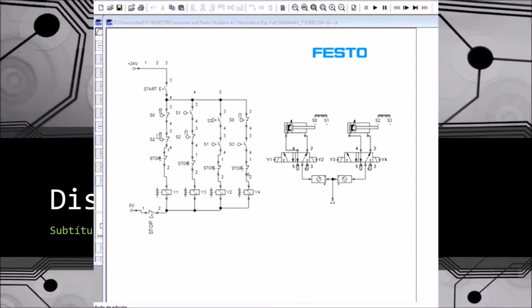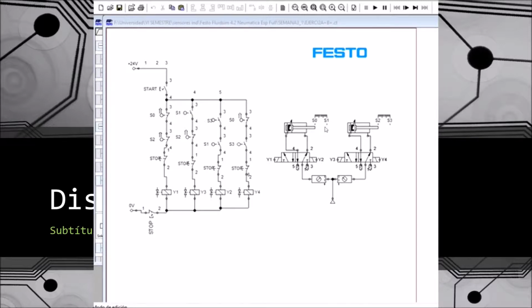When S0 and S2 are activated, the solenoid G1 activates the valve, and the cylinder changes position from S0 to S1.